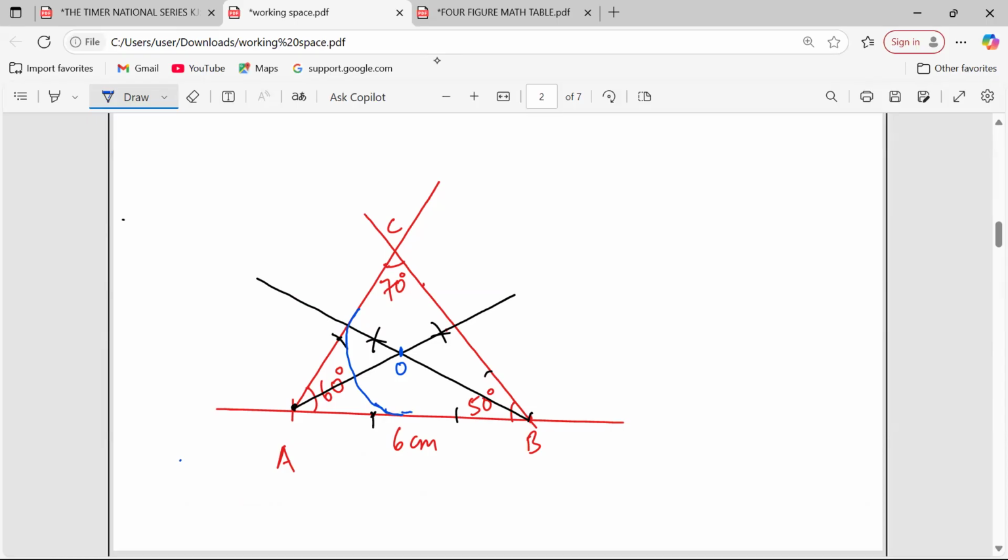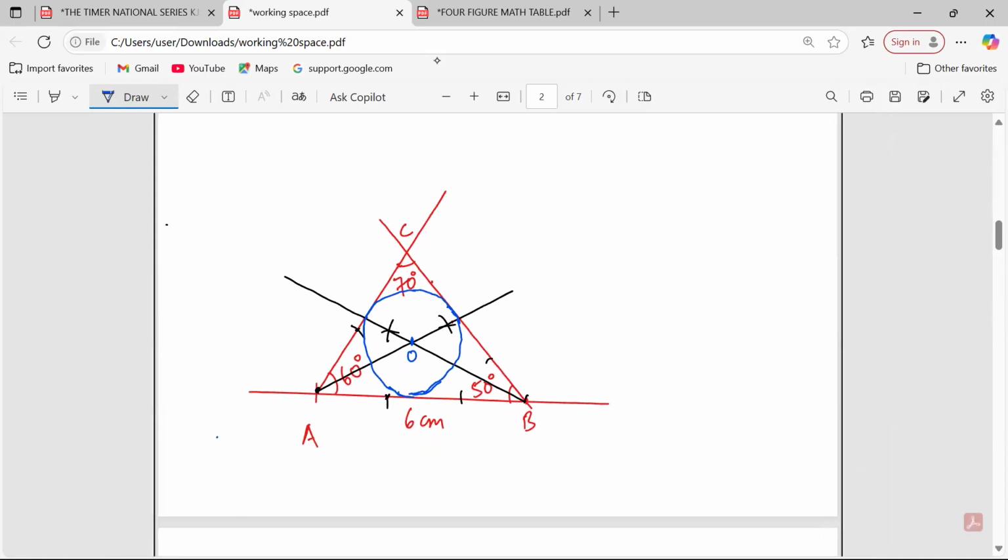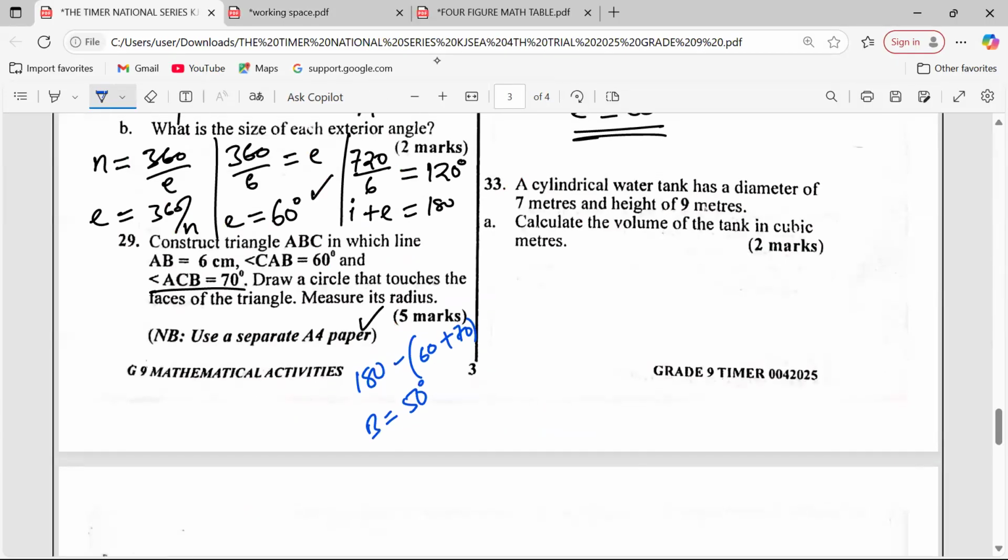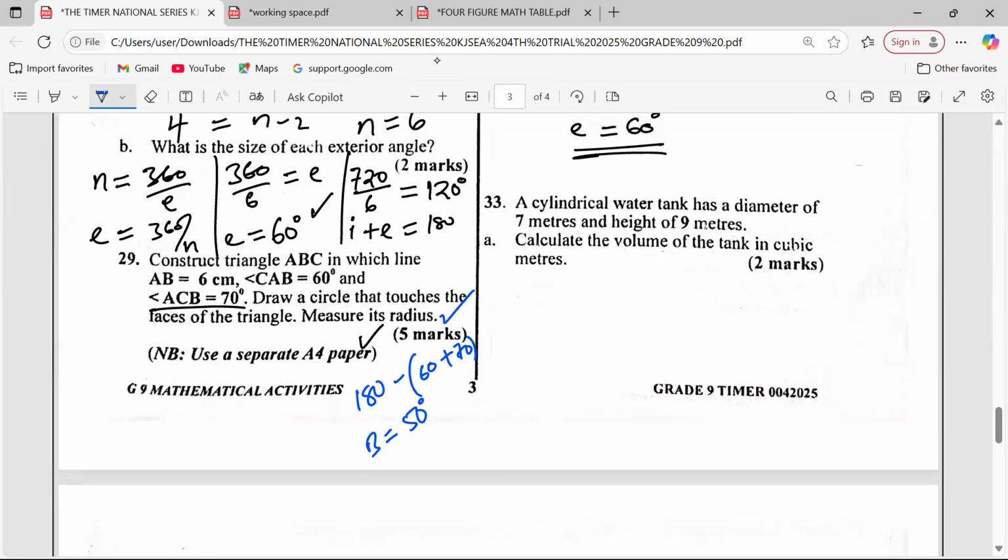So we are touching the triangle on the inner side. That way, that is what was expected. After all this, you measure the radius of such a circle and you indicate it very well.